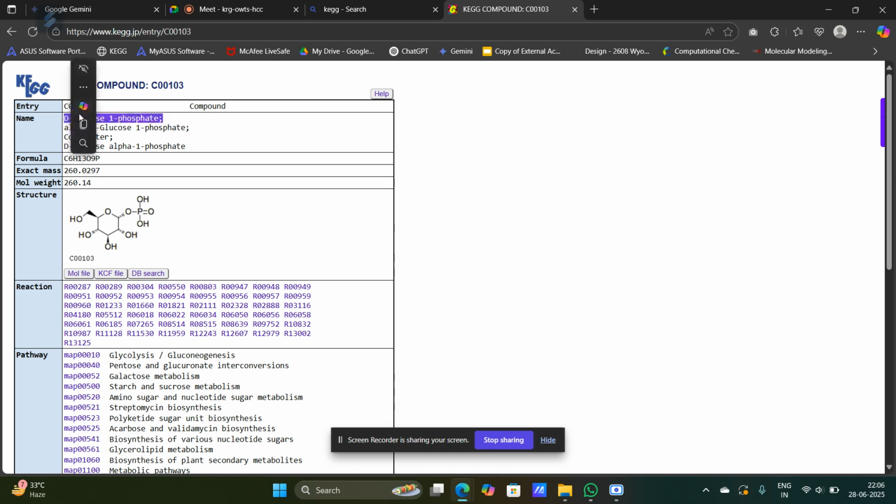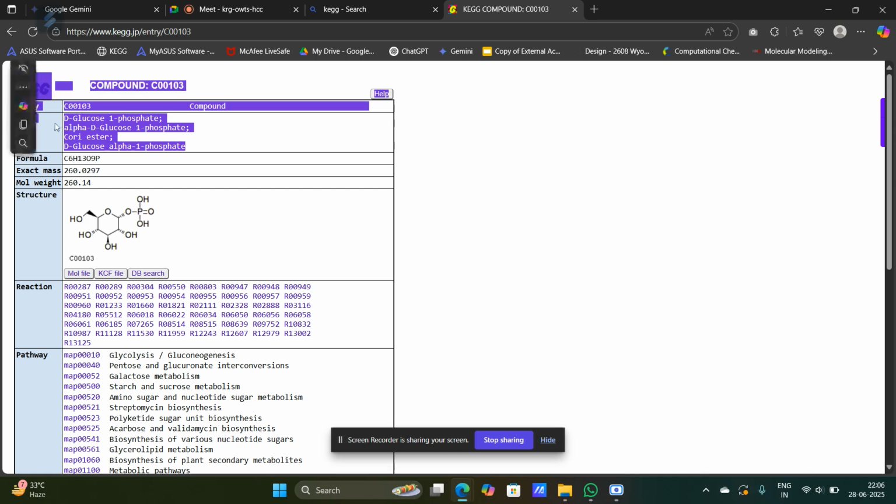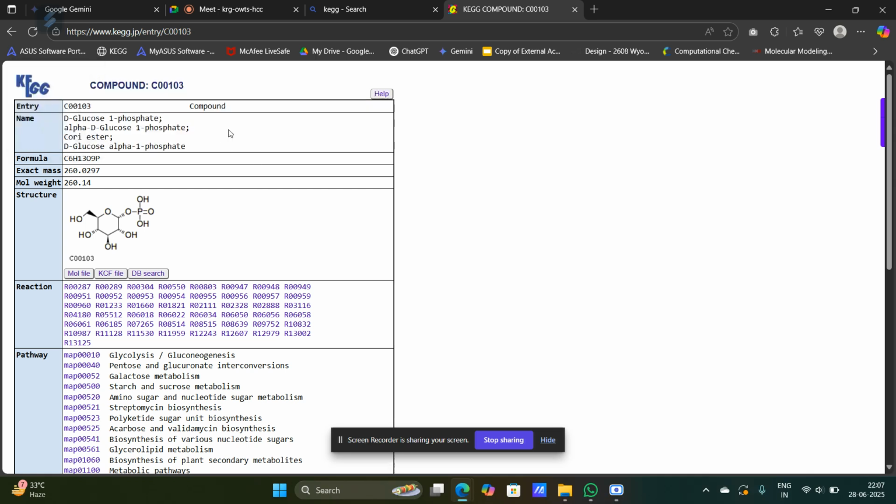The KEGG compound ID is C00103. And again, you have different names for the same compound listed. They can be synonyms, or they can also contain some common names. For example, this one is a common name, I guess, whereas alpha D-glucose 1-phosphate is the scientific name.